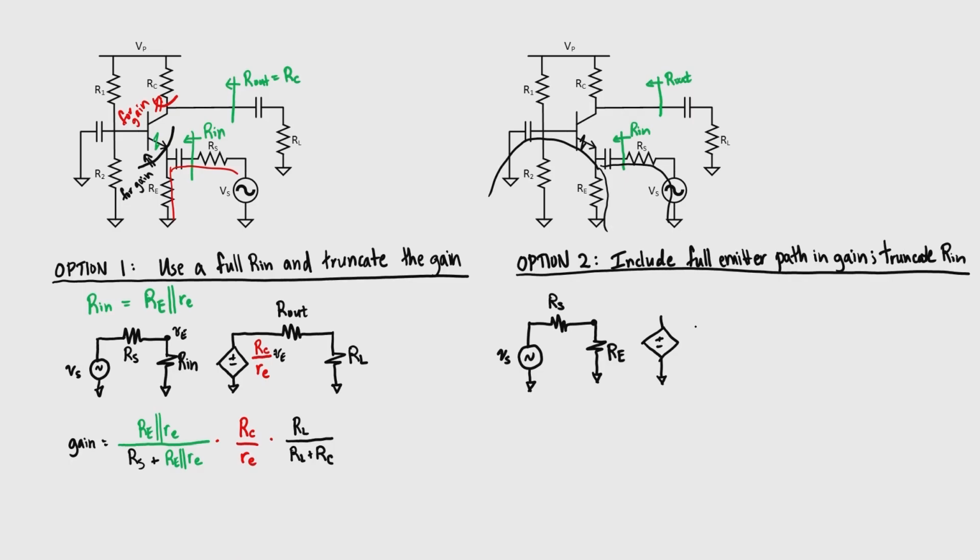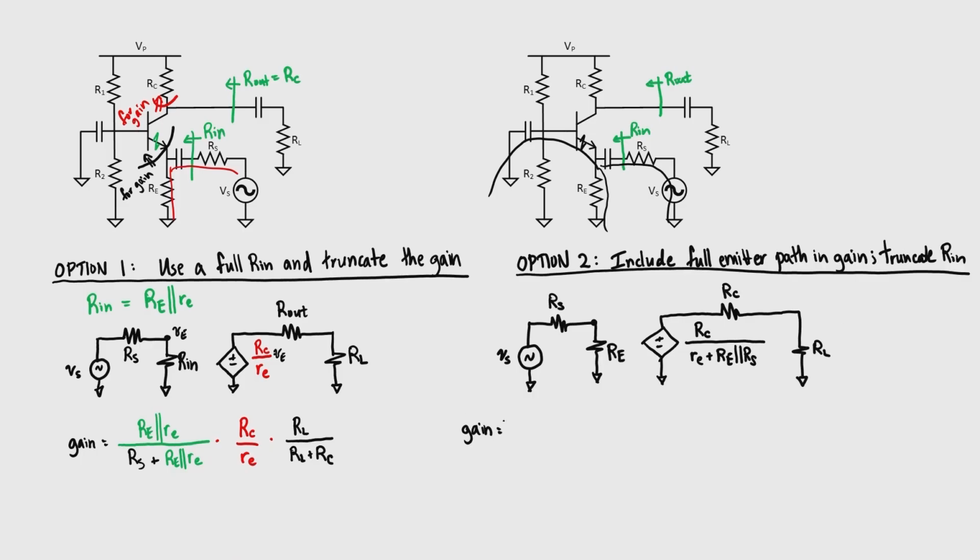Here for our gain segment, we have the resistor up here at the collector. But then for the emitter, I'm going to include everything. I'm going to include little r sub E, which is in series with R sub E and R sub S. Our output impedance is still R sub C, and our load impedance is R sub L.